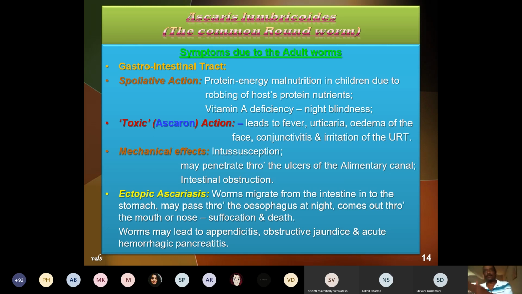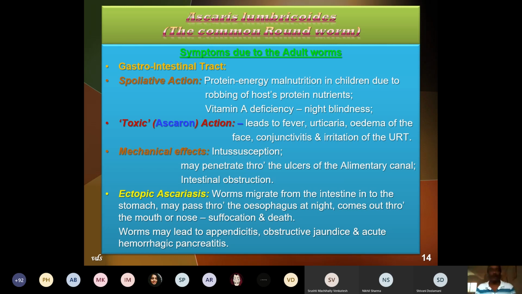You are going to see the slides of each of these fatal cases due to intestinal obstruction. Okay. After that, ectopic ascariasis. Ascariasis or manifestation apart from the intestine because of the adult.